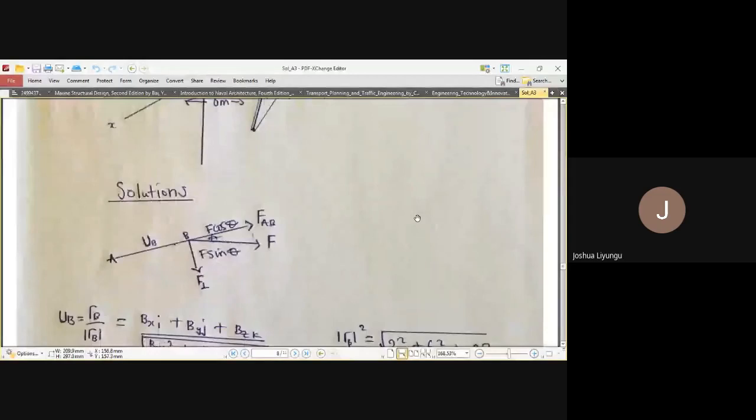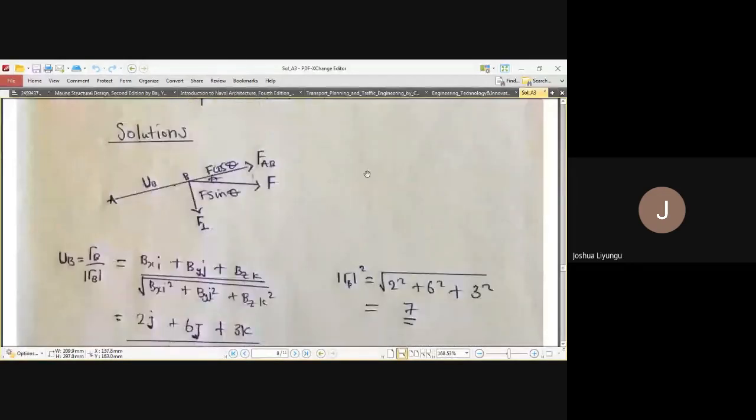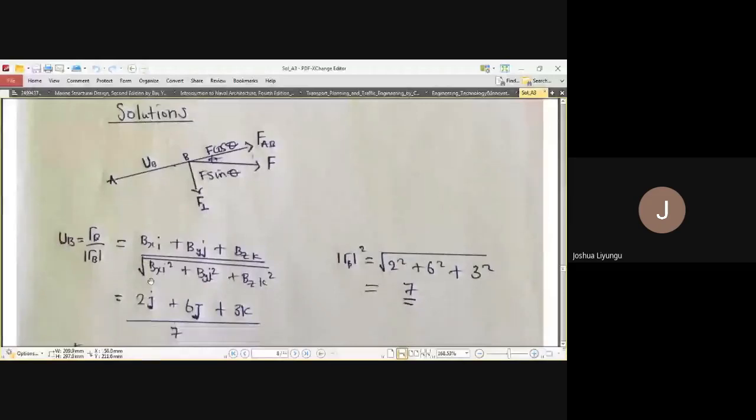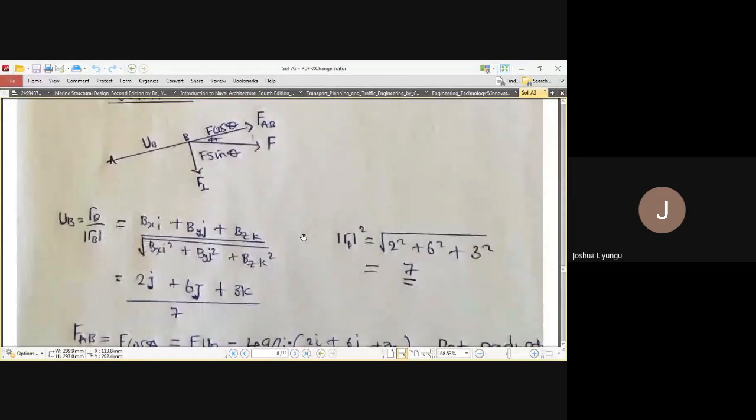But always, the first thing that we do, we represent our force as a unit vector. We have our 2, we have our 6, we have our 3.